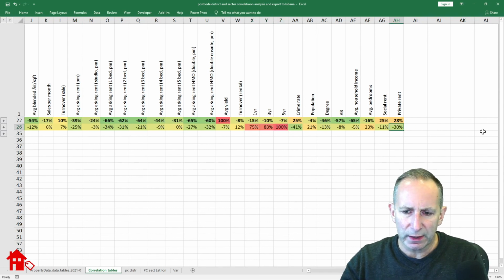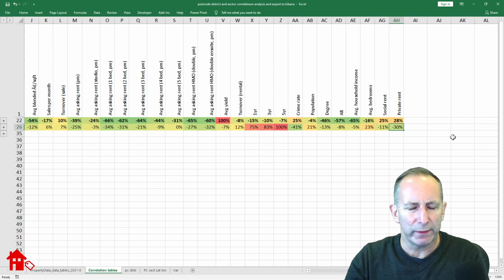And one other thing is private rented. If you've got an area dominated by private rented, you tend to get slightly less capital growth. I broadly put that down to those areas being slightly poorer, I would say, and less desirable.